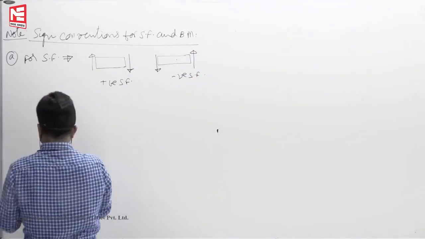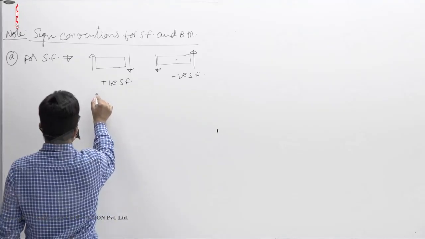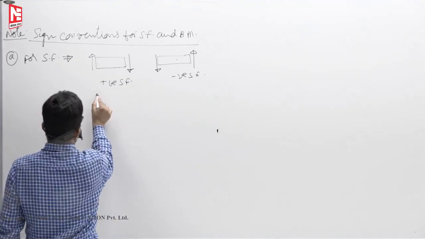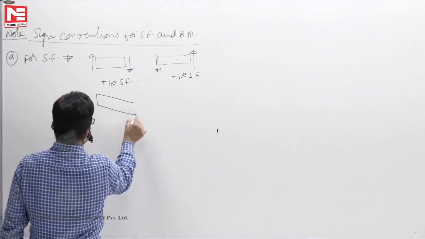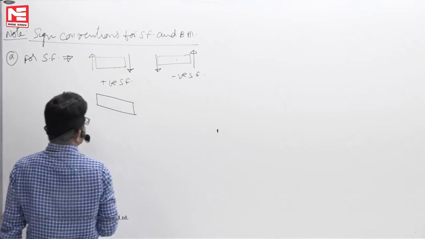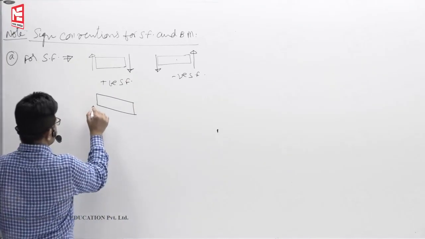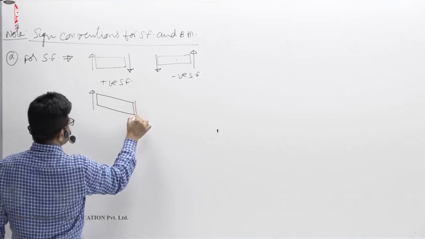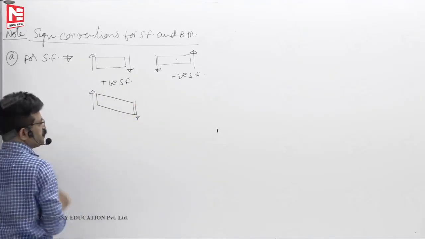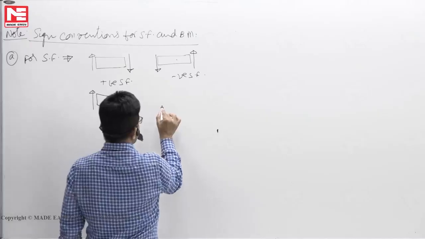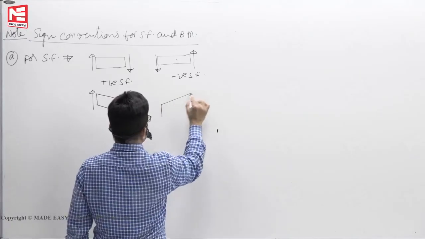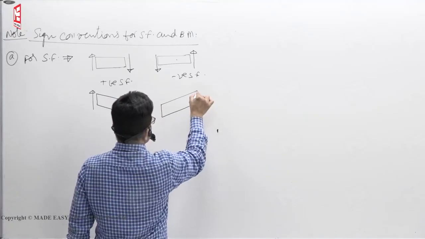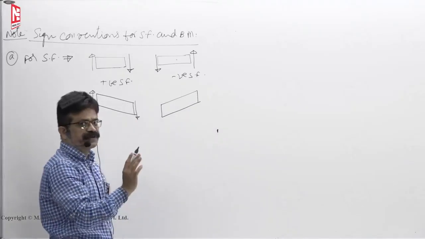Correspondingly, the shear deformation you have studied like this. This is positive shear deformation. Okay, shear deformation is like this, and for this one, it will go up like this. The faces will not rotate.